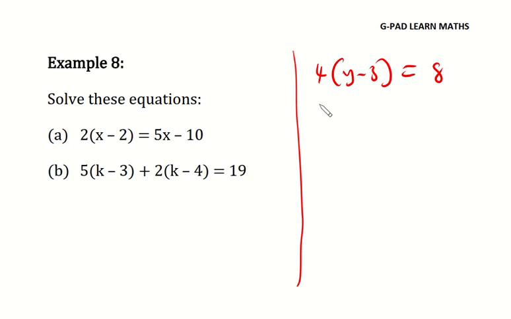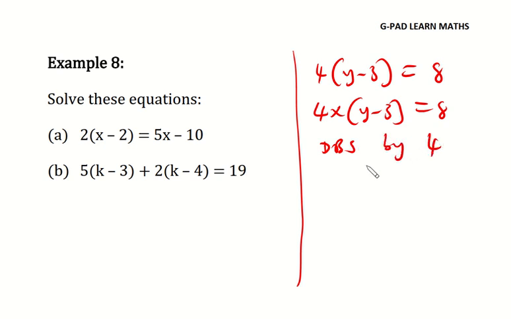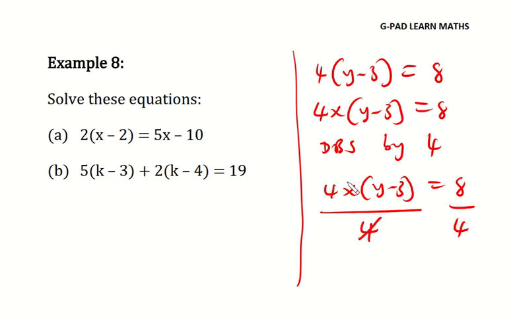Now, you must also know that 4 bracket y minus 3 also means 4 times y minus 3. I hope you know. So it will be convenient to divide both sides by 4. Take note, DBS means divide both sides by 4. So I can easily do it like this. Watch what I'm going to do. I'll divide both sides by 4. And then 4 will clear off 4.